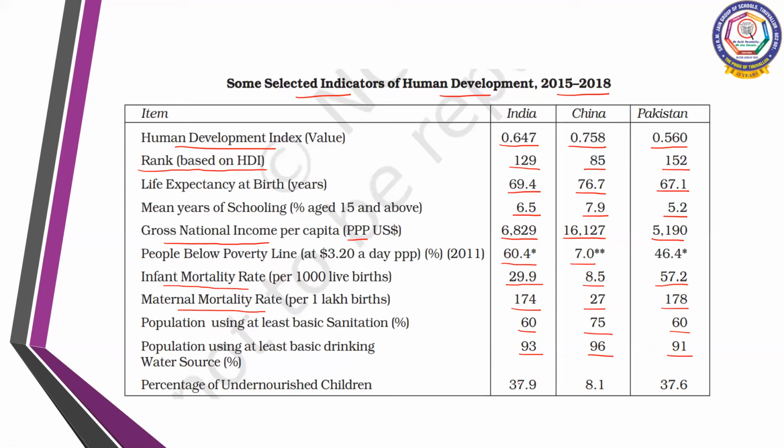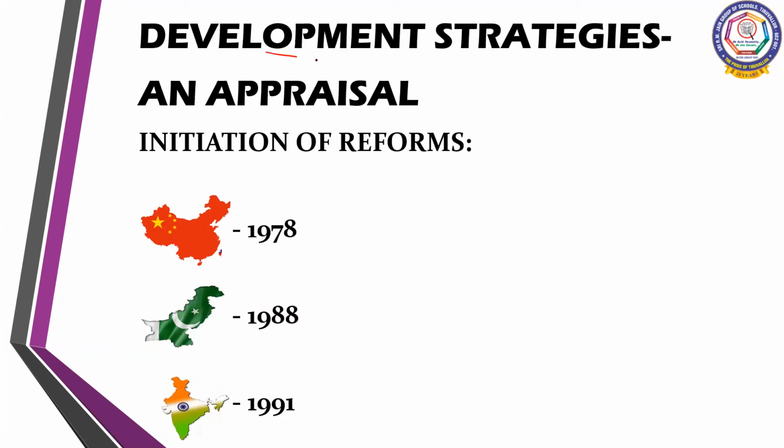The percentage of undernourished children is the least in China, whereas India and Pakistan have almost the same at 37.9 and 37.6 respectively. In China, it is 8.1%.